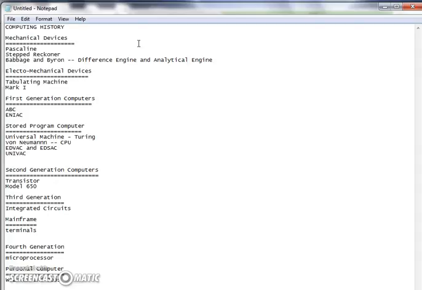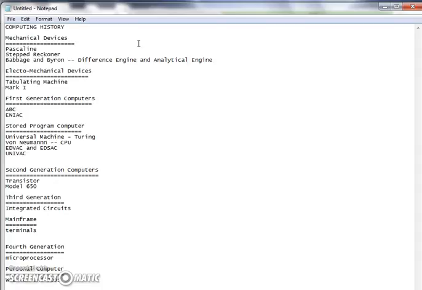However, it could not make decisions, and so it's not technically considered a computer. It was more of a sophisticated calculator. It was huge. It was about 51 feet long. It weighed 5 tons, and it had over 750,000 parts, some of them, again, mechanical moving parts. And so, again, we have unreliability here. But it was a step in the right direction.